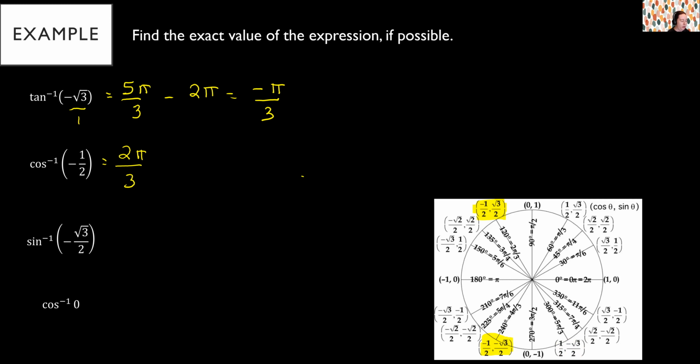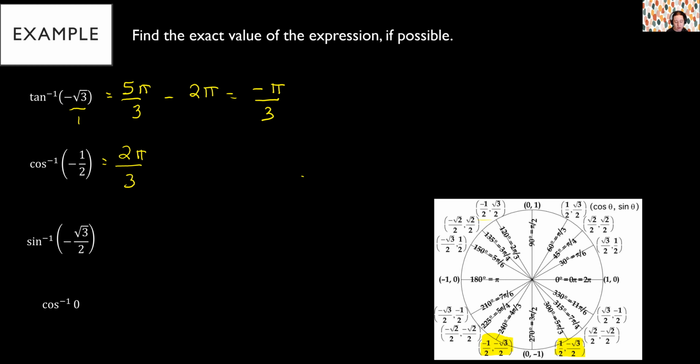The next one, we have arc sine of negative square root of 3 over 2. So sine is the y value. So we're looking for a y value of negative square root of 3 over 2. So I've got one of those highlighted. And then negative square root of 3 over 2 is also over here. So they're both in the lower parts of the graph.